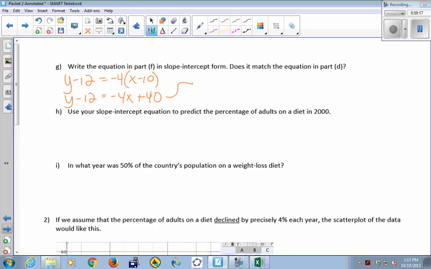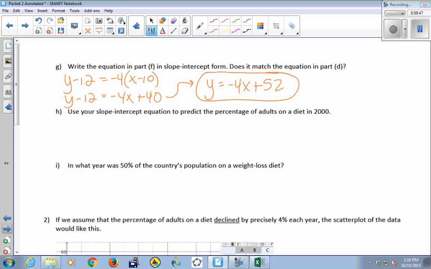Then add 12 to both sides, and I get y equals -4x plus 52. So that is just to show you that those two forms for the equation of a line are actually equivalent. They're the same. So you can use whichever one you like, right? Unless a problem specifically asks you to use one or the other, but typically you just pick the one you like and use that.